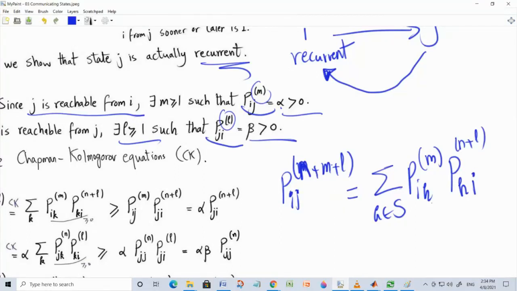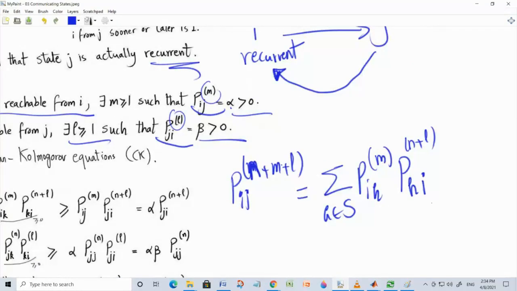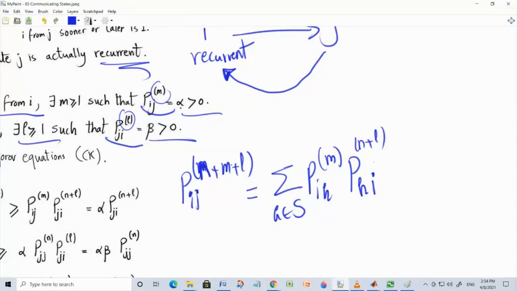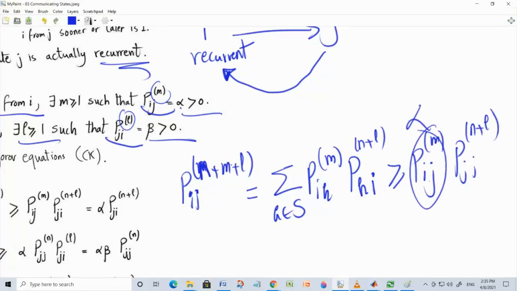Every term in this summation is non-negative, and so this summation is lower bounded by one term, and I will take the term in which K is set to J. So this is greater than or equal to Pij of M, Pji of N plus L, and Pij of M is what we call alpha, which is strictly positive.